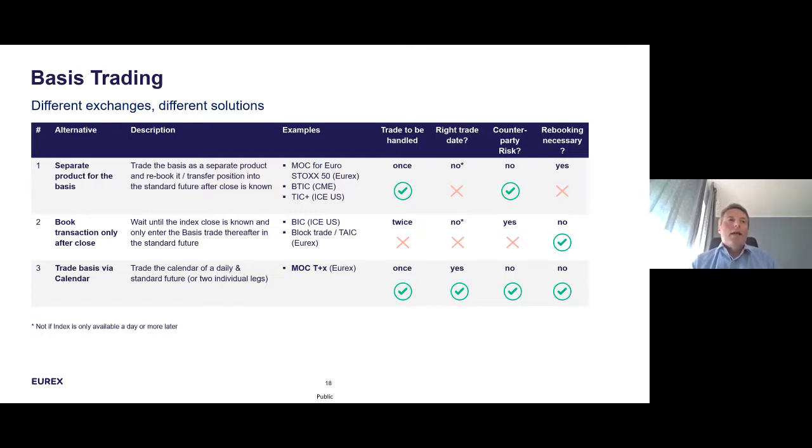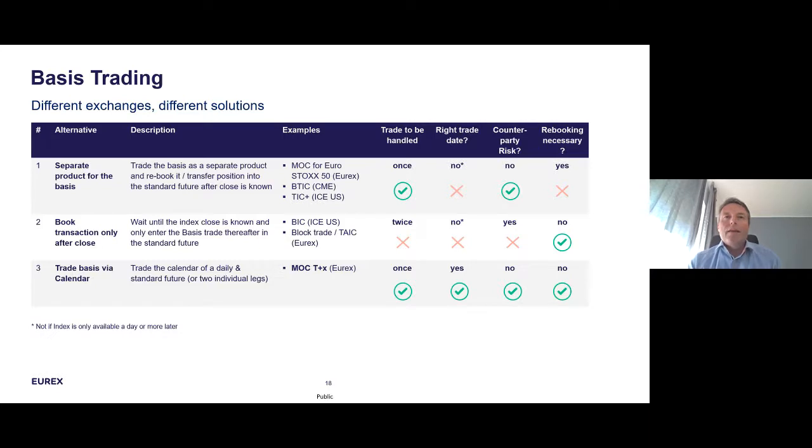Also not ideal in our view are those solutions shown under point 1 here, where the basis is traded as a separate product. We have that solution as well on Eurex for the Euro Stoxx 50, but first of all, it only works for products where the index close comes on the same day.